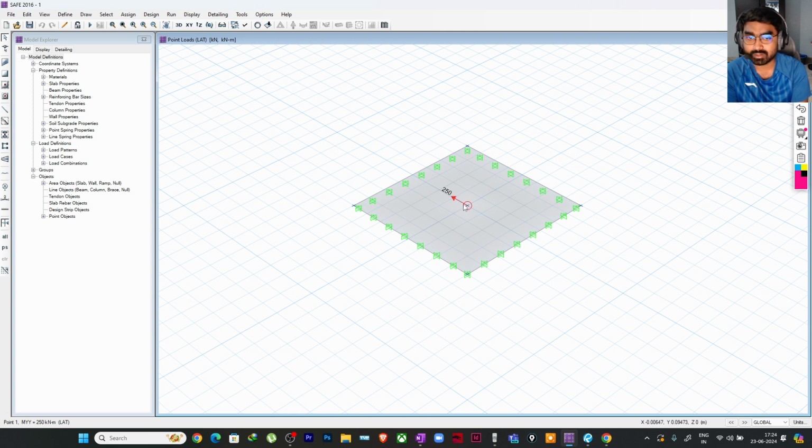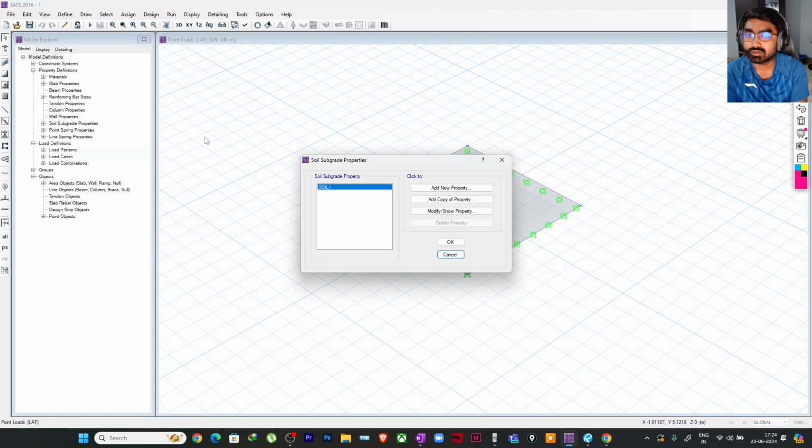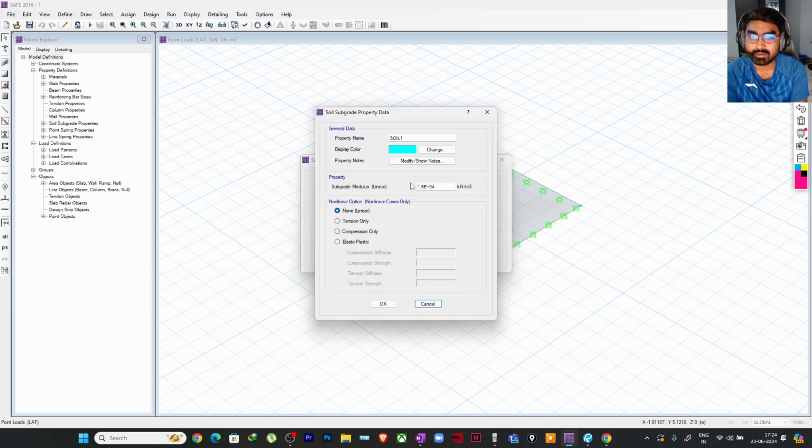Along the plus y direction, these 2 arrows mean it is a moment in positive y, so about this direction. This is my My. And to provide the soil support, we have assigned the soil spring also. If you see here, define subgrade modulus, we have applied this soil spring as soil 1 with this constant, which is basically coming from 400 divided by 0.025, and we kept this spring as linear spring as of now.